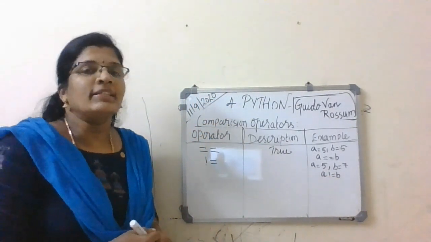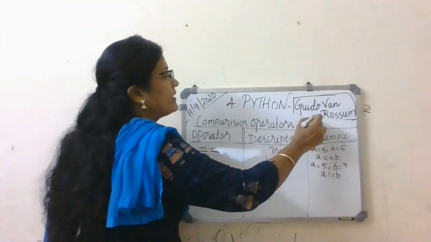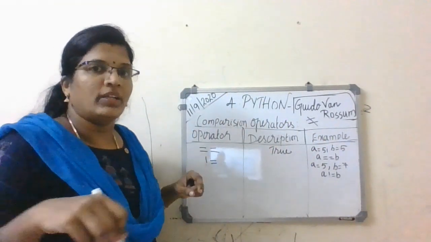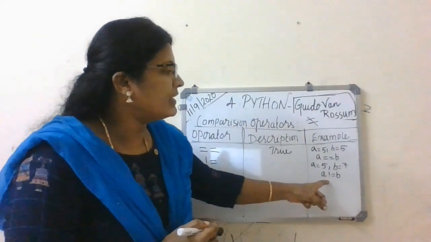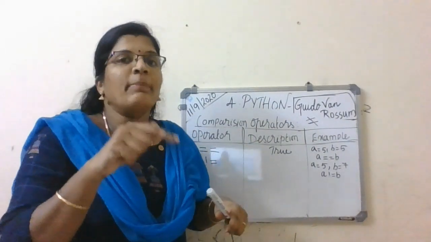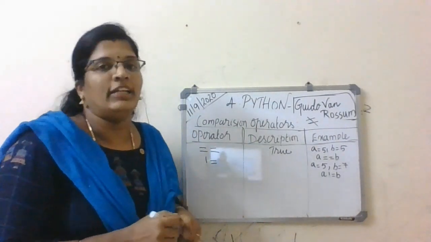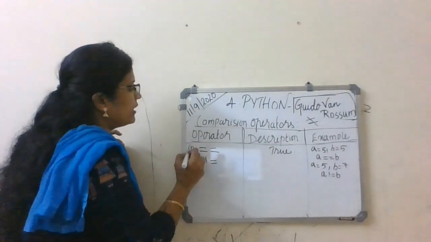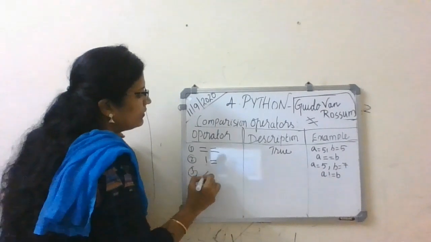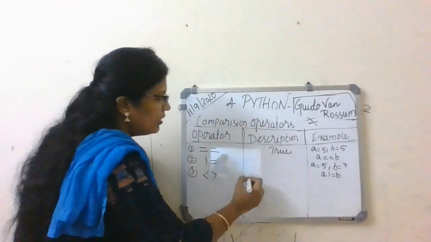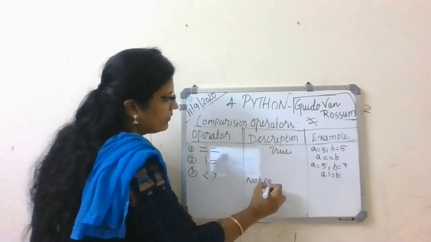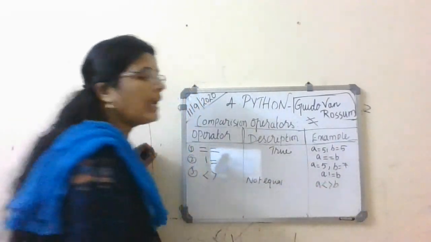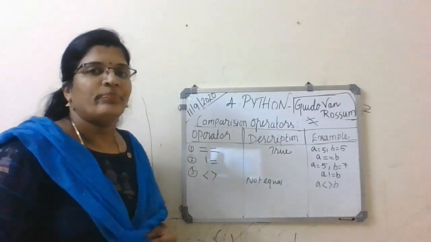In mathematics we write equal to symbol and then strike it out. But here they use one exclamation mark and then equal to, and it is called not equal to. There is also another method of specifying not equal to. This is also not equal. You can say A and B are not equal.